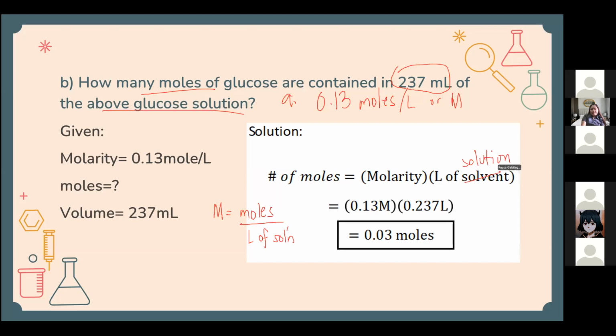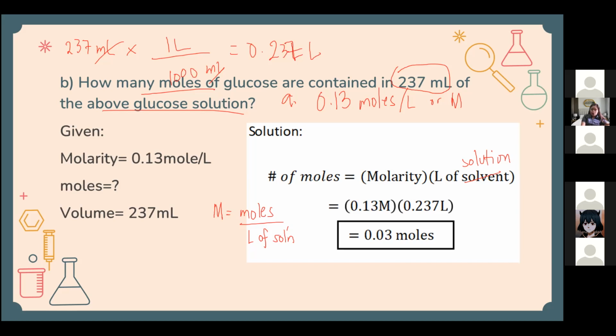Now, i-convert muna natin kasi ang given is 237 ml and ang ating formula ay nakaliter. So i-convert mo siya, class. Remember, 1 liter is equivalent to 1,000 ml. Let's cancel this. So 237 divided by 1,000 is 0.237 liters. Kapag meron ka na niyan, pwede mo na siyang ilagay.